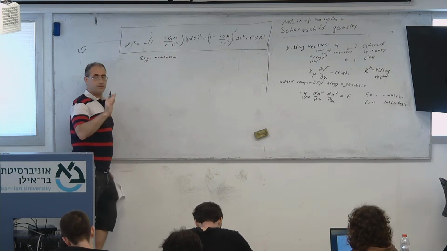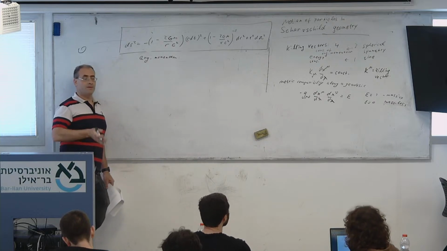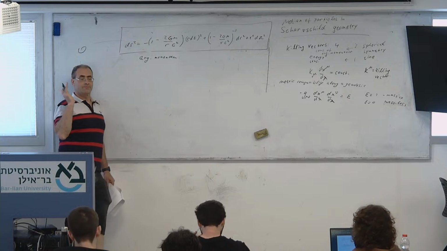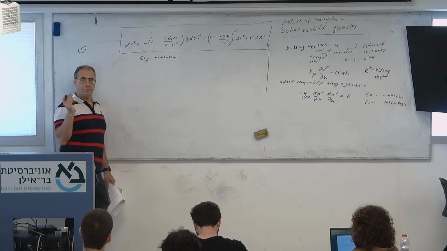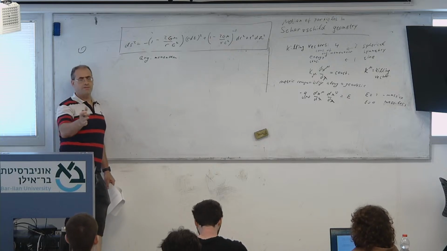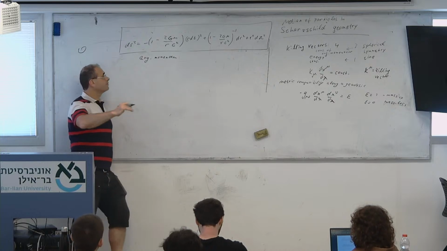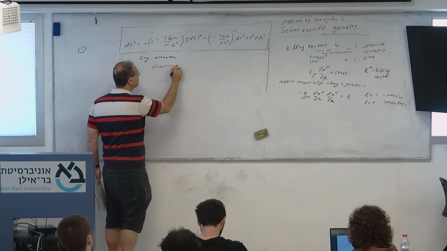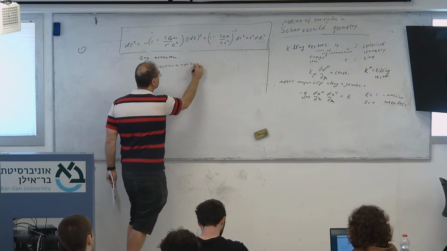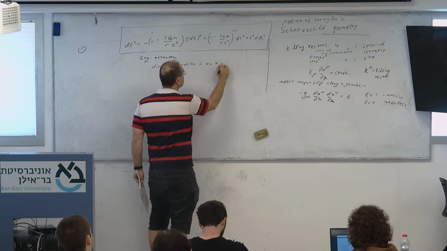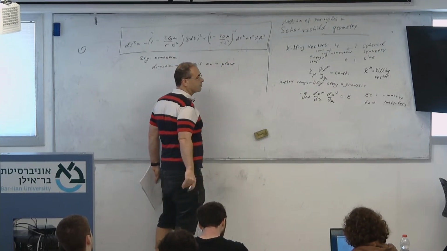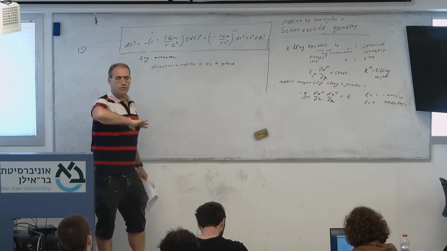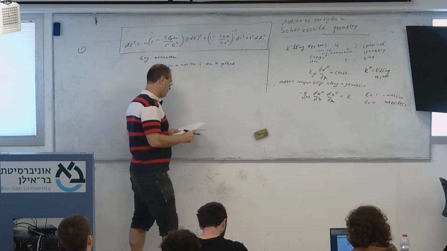Angular momentum is a vector, so it has a direction and a magnitude. Conservation of the direction of the angular momentum, as we already said, means that the motion is going to be on a plane. I can put this plane as the equator, so theta equals pi over 2.